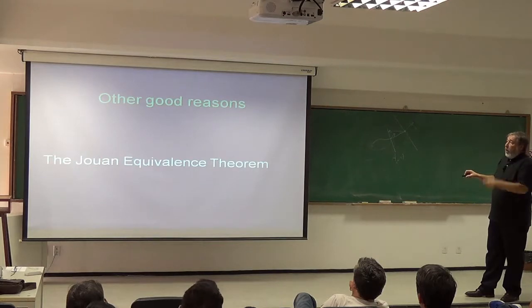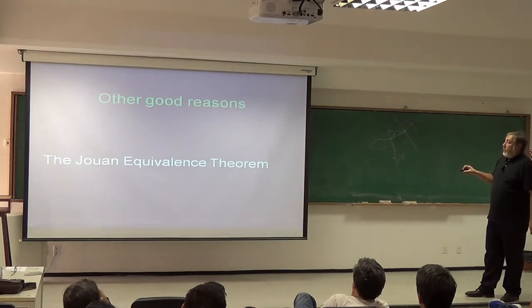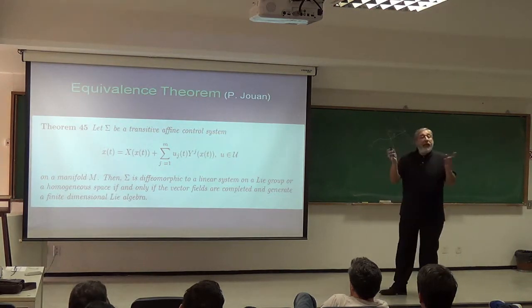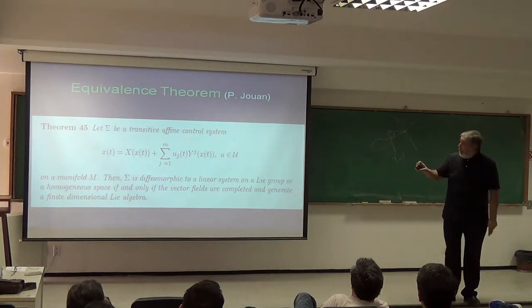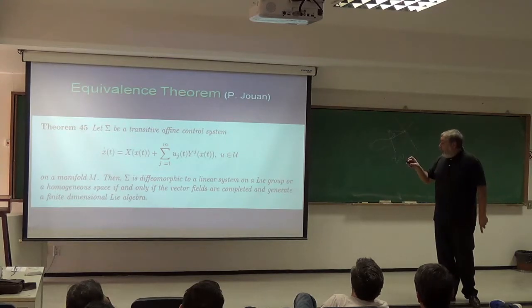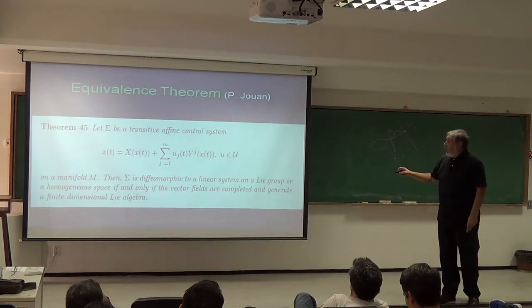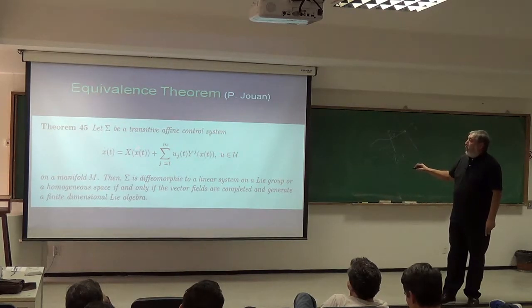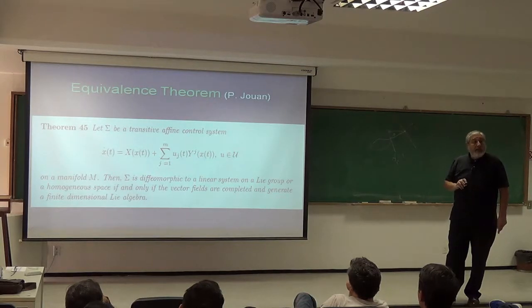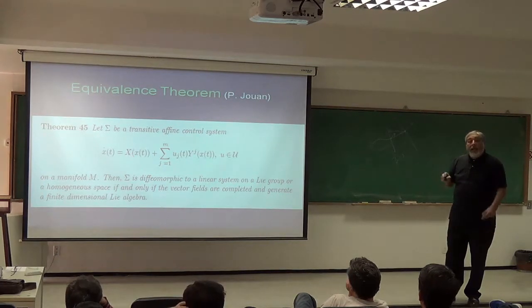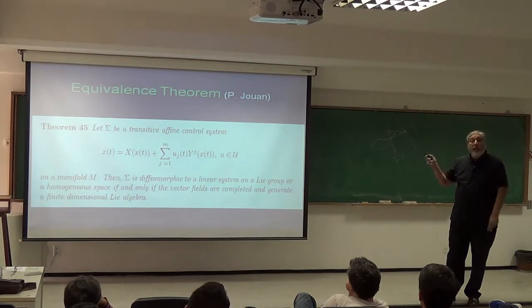Other good reasons are the Jouan equivalence theorem. If you have any manifold and very general vector fields at the beginning, X and Yj, if you take the algebra of X and Yj, and if they generate a finite dimensional algebra, then you prove that you have two possibilities. If X has a singularity, then you have a linear control system.